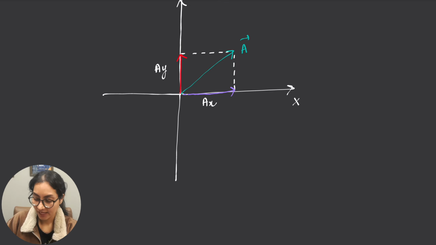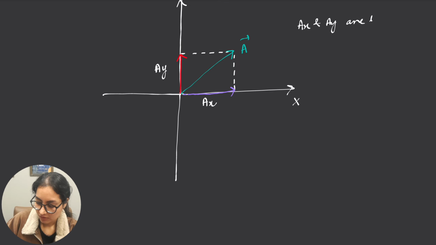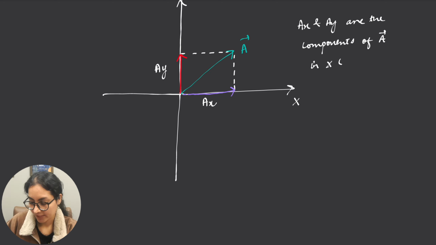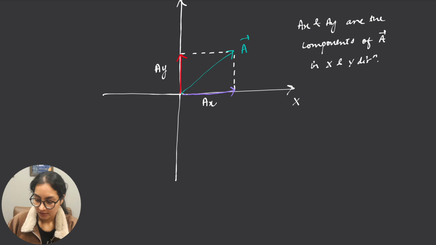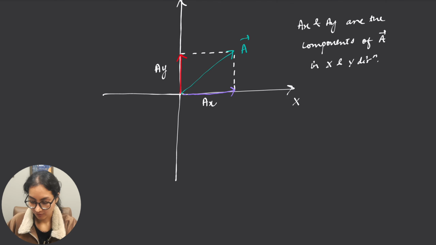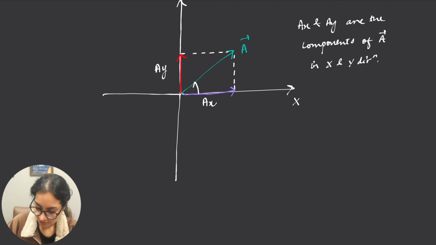So Ax and Ay are the components of a vector in the x and y direction. Now we have to find out the values of Ax and Ay. Let's say this vector is making an angle theta from the positive x-axis.